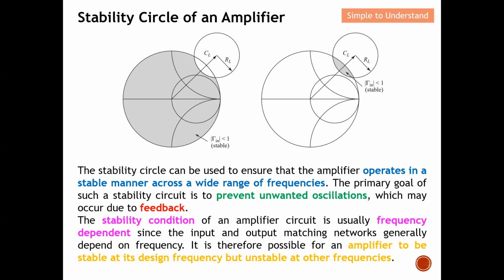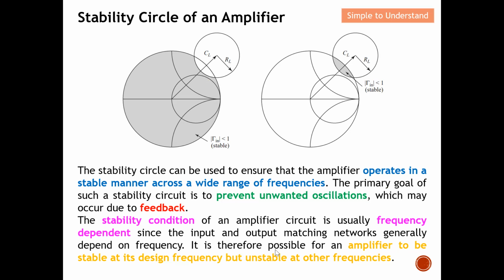At a different frequency, we need to design different L and C values. So under different frequencies, I need to design different values of L and C for the input and output matching networks. Hence, as mentioned over here, the stability condition also depends on frequency, since it is influenced by the input and output matching networks.